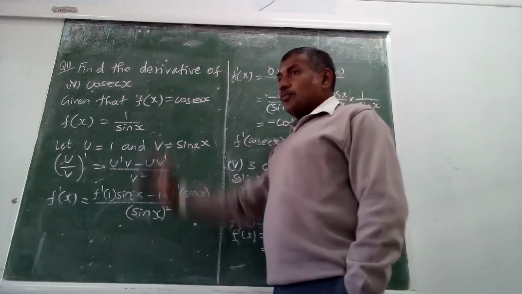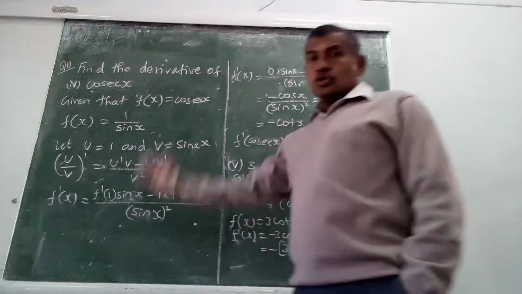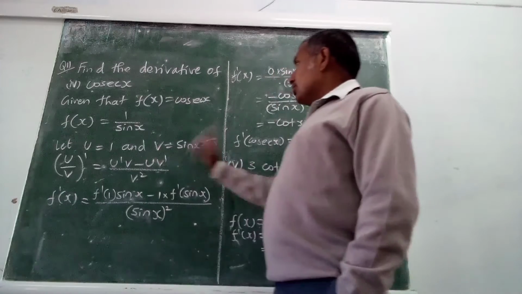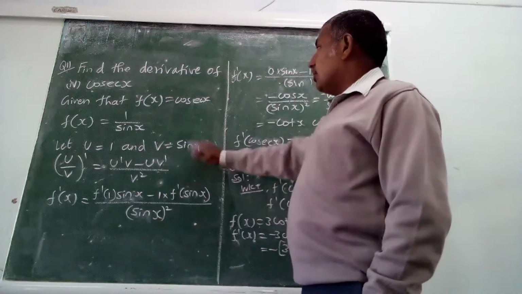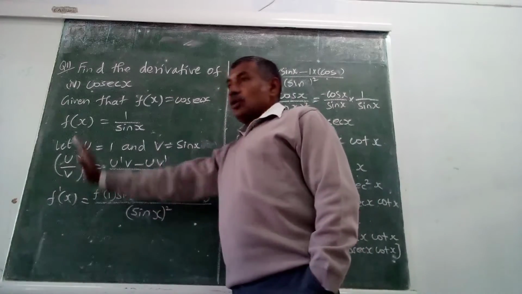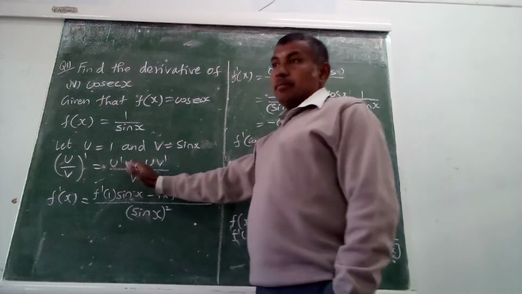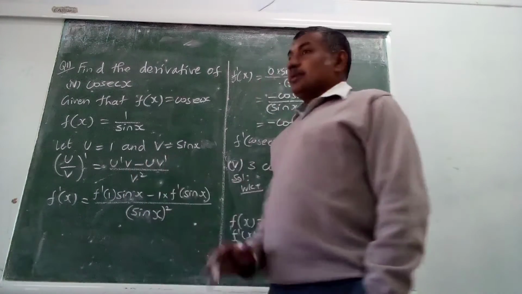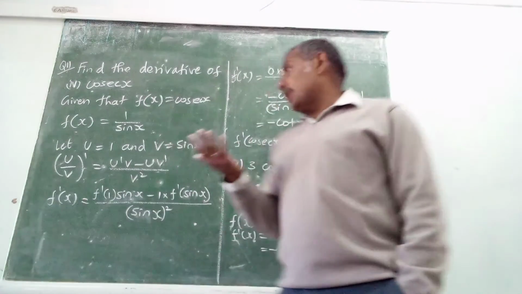So it is in the form of p by q, so I can use the quotient rule. Let u equal to 1 and v equal to sin x. Okay. So the quotient rule: u by v whole dash equal to u dash v minus u v dash by v square. U dash, v dash mean nothing but the derivative you have to find out.